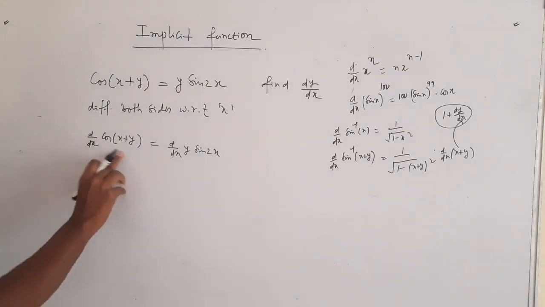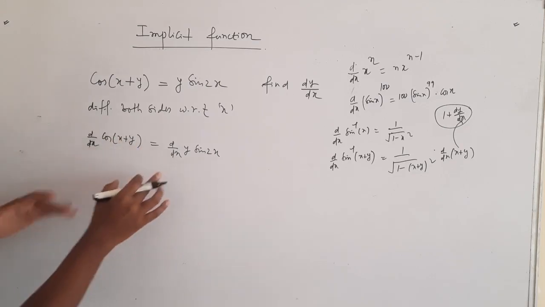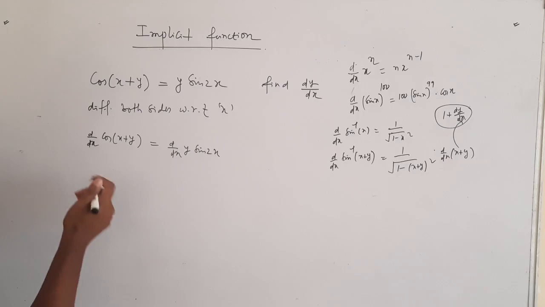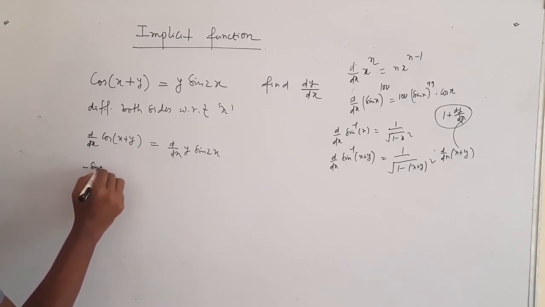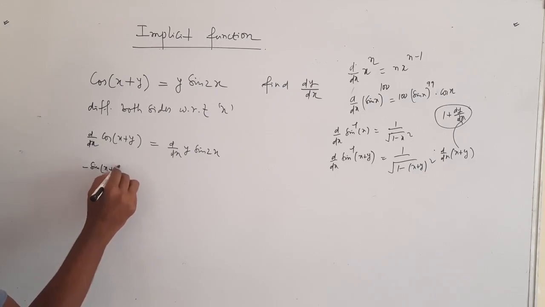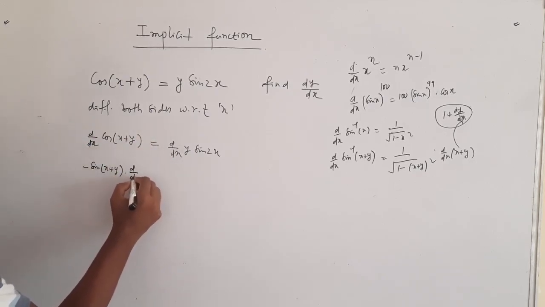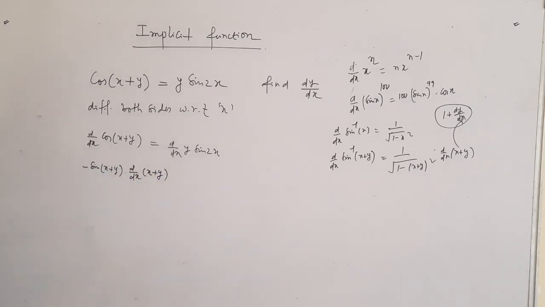So d by dx of cos(x + y): this is d by dx of cos of something. The differentiation of cos is minus sin, so it is minus sin(x + y) into the differentiation of this thing, d by dx of (x + y).